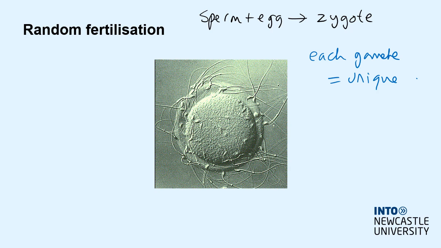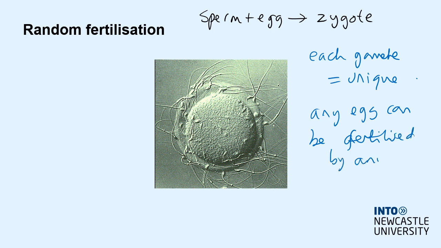And any egg can be fertilized by any sperm. And we've got massive numbers. A female, this is the egg here, might release 1 to 2 eggs per month, roughly speaking.